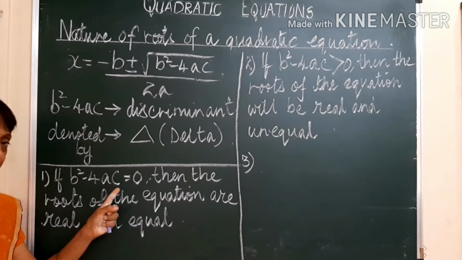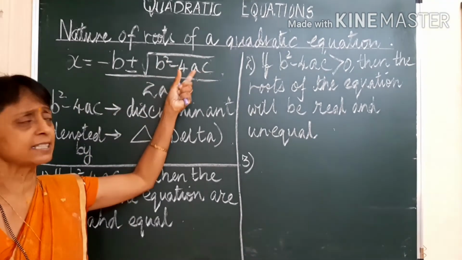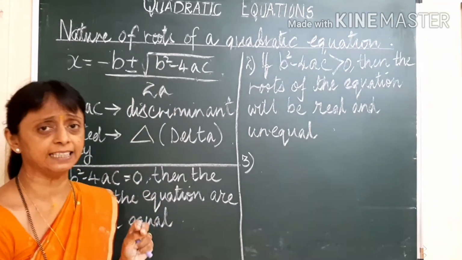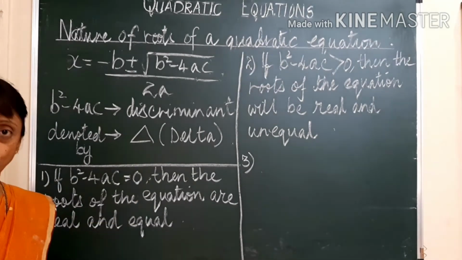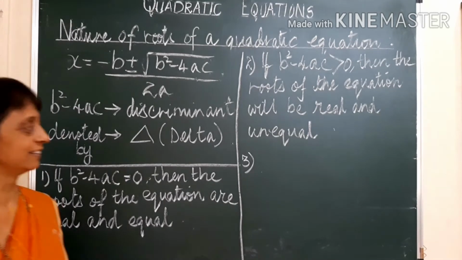And in the third case, when b square minus 4ac stands to be a negative number, that means less than 0. Now when this value is less than 0, for example, square root of minus 11, square root of minus 19, then what happens? Then the nature of roots of the given quadratic equation definitely will not be real at all.